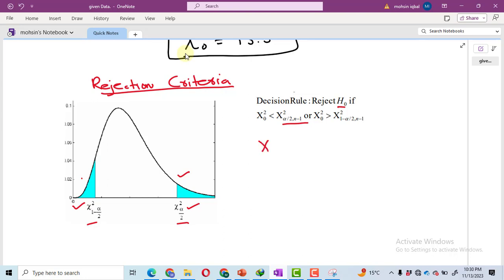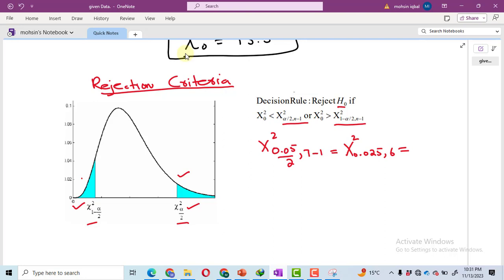Let's find these values. We have chi-square, alpha by 2, alpha is 0.05, so 0.05 divided by 2, comma n minus 1. N is 7, so 7 minus 1 is equal to 6. This becomes chi-square 0.025 comma 6. I will check this value in the table.